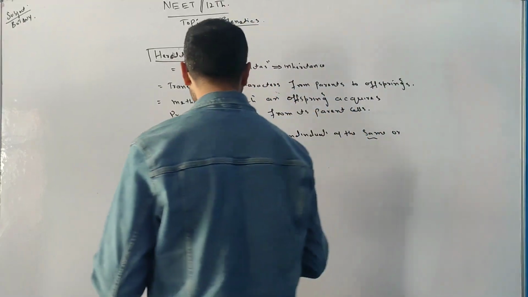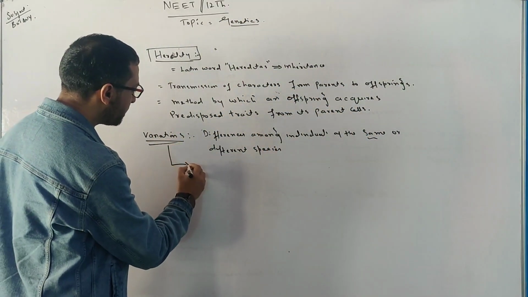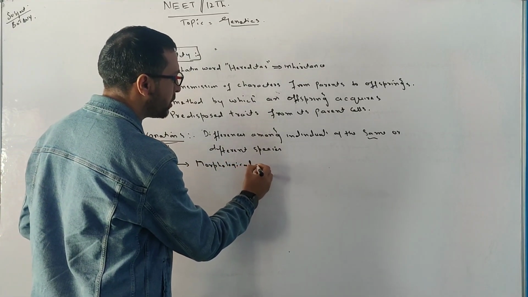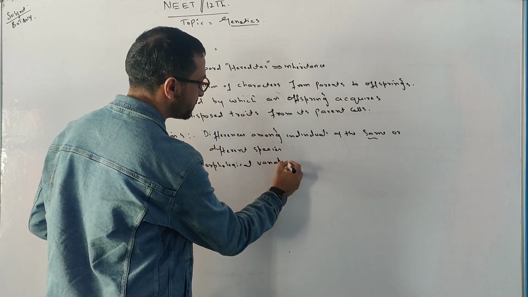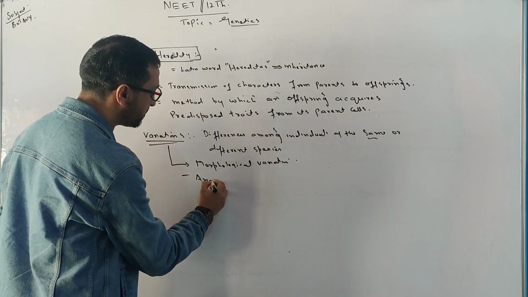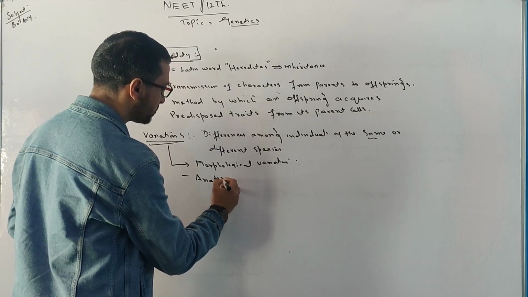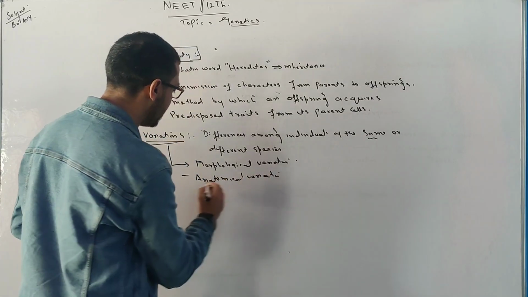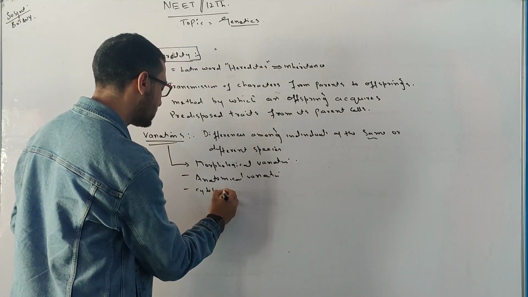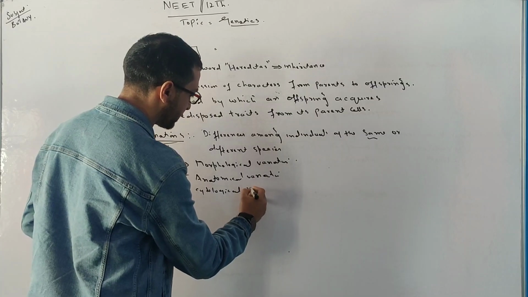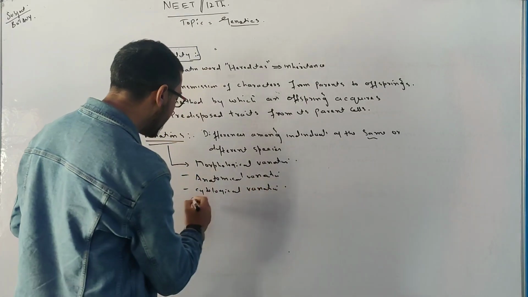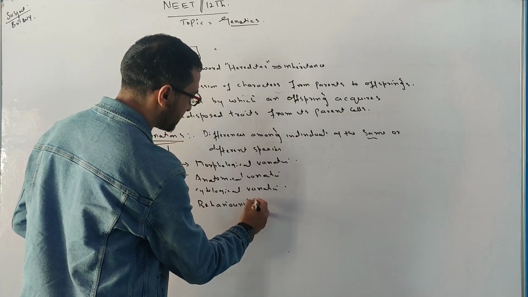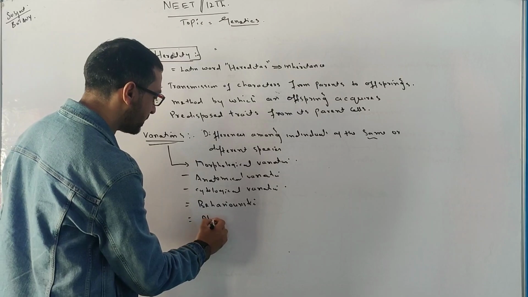देखो जी, variations जो है ना बेटा, variations it can be a morphological variation, it can be anatomical variation, cytological variations, behavioristic and physiological variations.